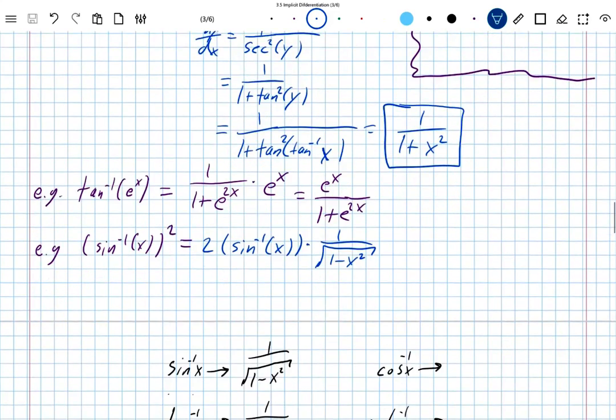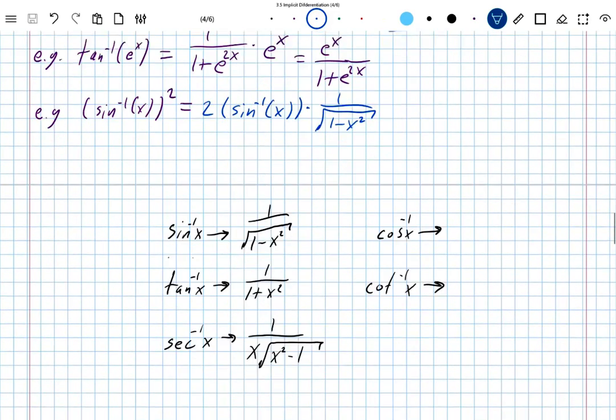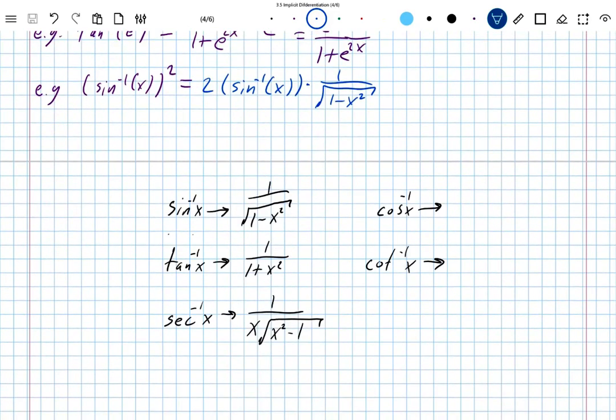However, there are, of course, many inverse trig functions. By many, I mean 6. We already did 2 of them. Secant inverse looks similar, and you can get it a similar way. It turns out that it's not actually that hard once you get a couple to know the other 3, because they're just the negatives. This is one of these amazing things.